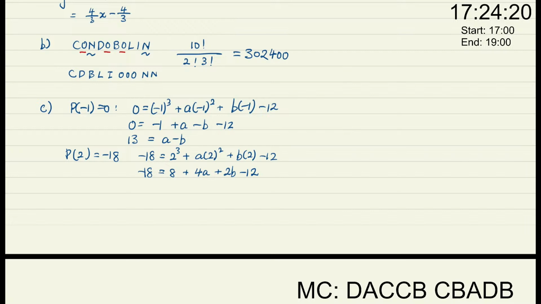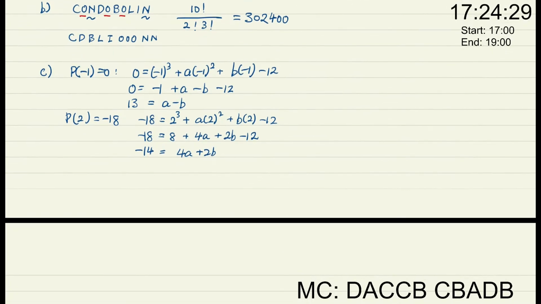And that gives us a negative 4. We bring it over to the other side. Negative 14 equals 4a. If I make any arithmetic errors, please let me know, because it happens. It happens to everybody. When I see numbers like 13 and 14, I get a bit nervous, you know?